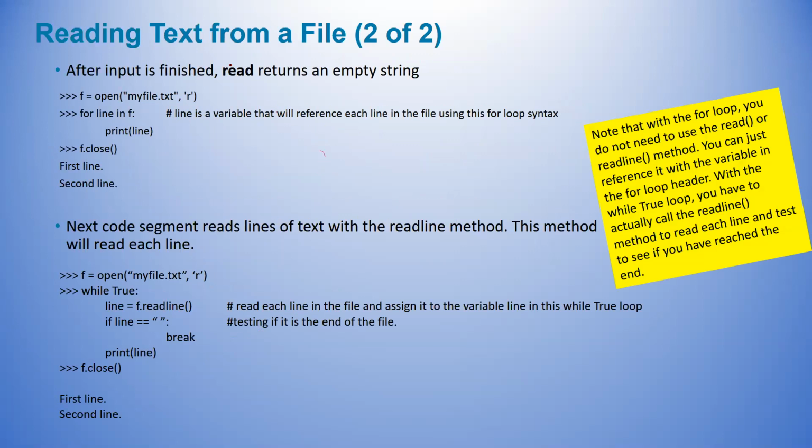Okay, reading text from a file. After input is finished, it simply means after you finish reading, read returns an empty string. So once the reading cursor reaches the end of the file, if you ask it to read, it will give you an empty string, okay?